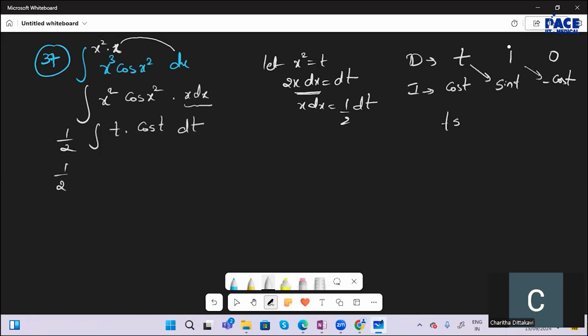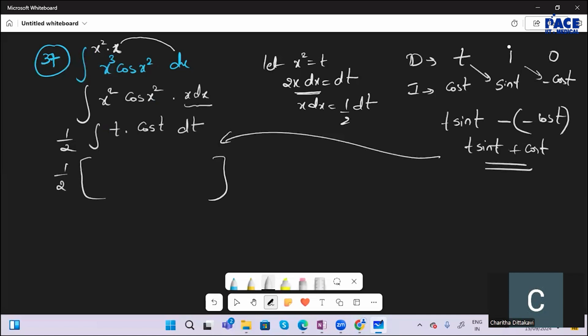Now, tell me, cross this way and this way. So that is t sin t and minus 1 into cos t. But first is positive, second is negative, hence minus of minus. So that is t sin t plus cos t, is what you have. Clear? So half of, just apply that value here in your question. So half of t sin t plus cos t plus c.